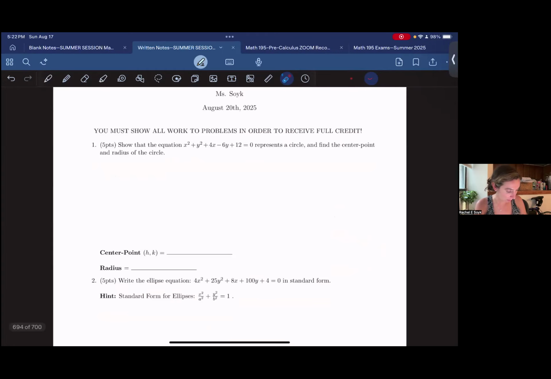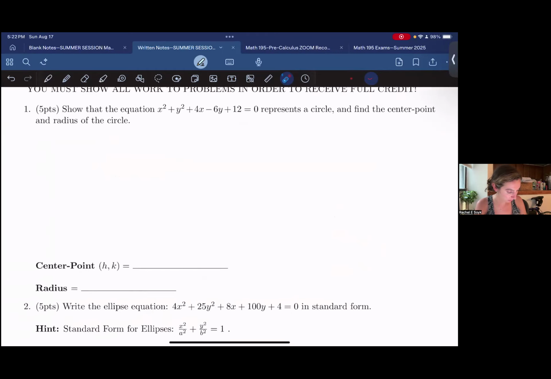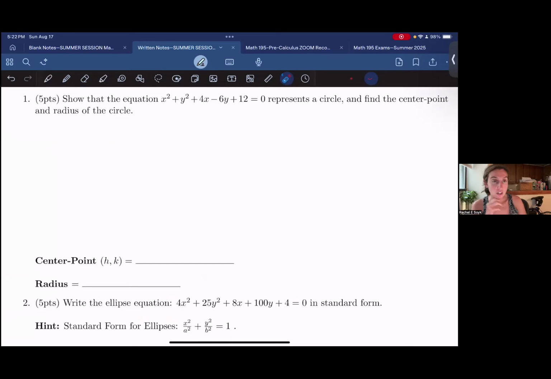Let's jump into our first question. We want to show that this equation represents a circle, and so we're asked to find the center point and the radius. So think completing the square 2 times. We have 2 different variables, so I'm going to pair my x's with one another and then leave some space for that manipulative constant that we will add to both sides.